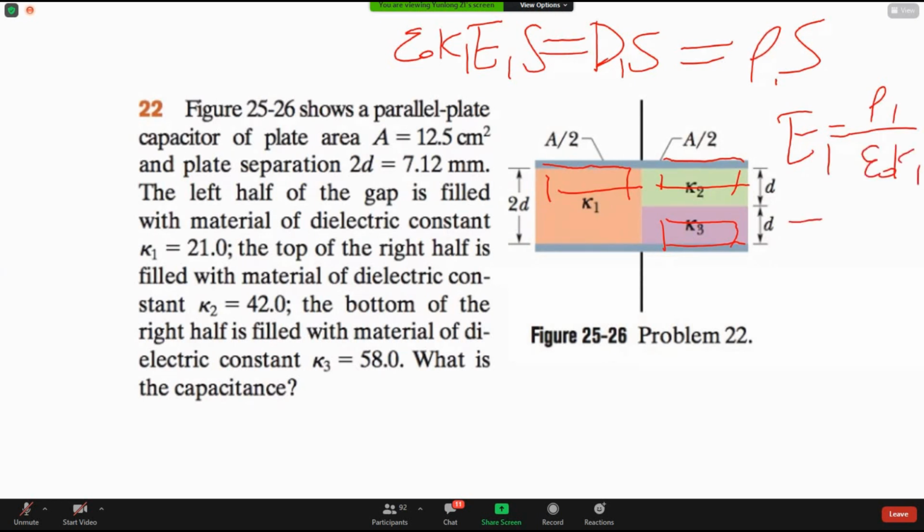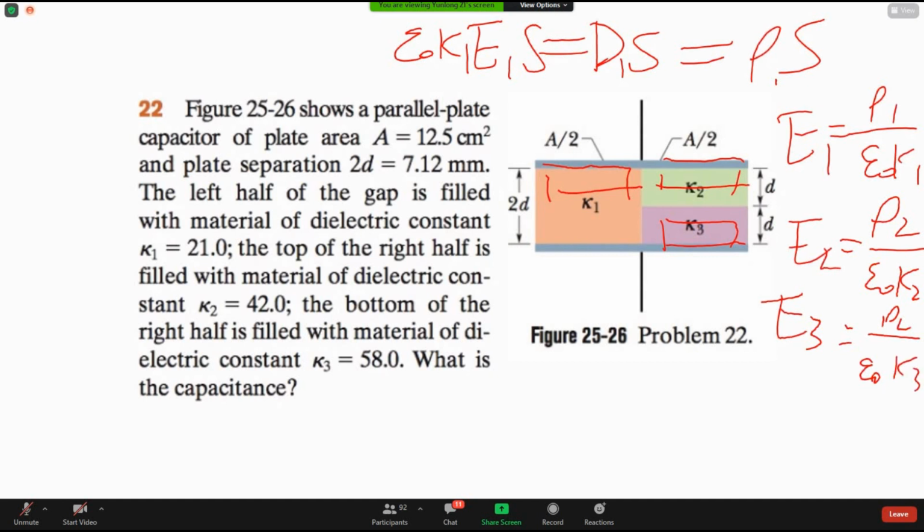You can also solve E2 and E3, but for E2 and E3 you have the same charge density: E2 is sigma 2 over epsilon 0 kappa 2, and E3 is sigma 2 over epsilon 0 kappa 3.